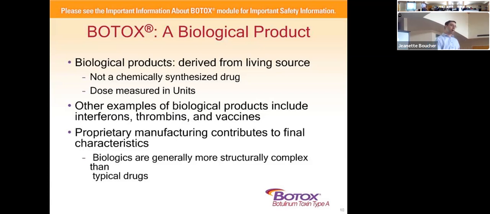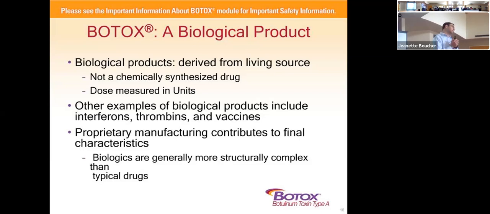And so Botox is a neurotoxin, and it's derived from a living source. Essentially, if you've heard of botulism, that's if you're ingesting spores of botulinum toxin to a potentially lethal dose.